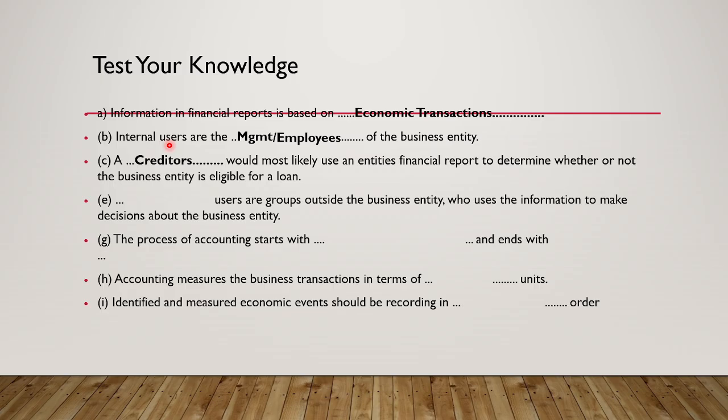Dash users are grouped outside the business entity and use the information to make decisions about the business entity. So we have internal or external users. As I told you, whoever is in the business organization, whoever is an employee or manager, whoever is working in the company, is the internal organization.